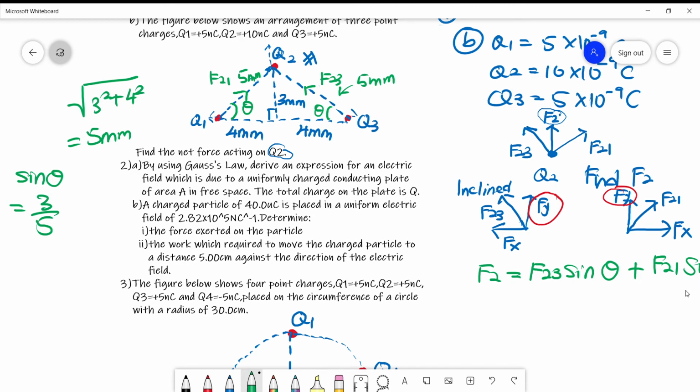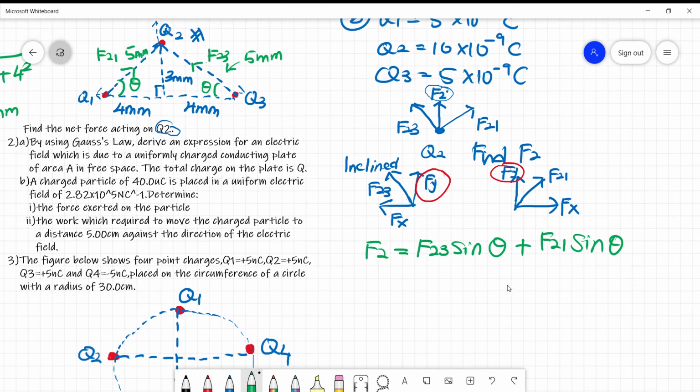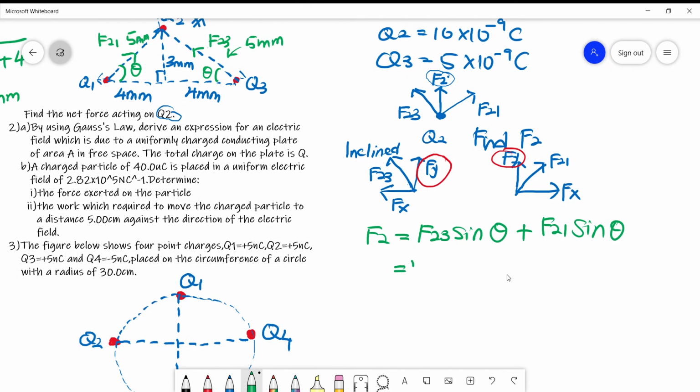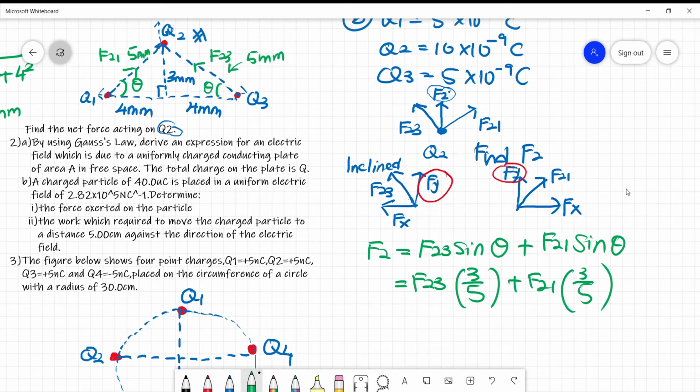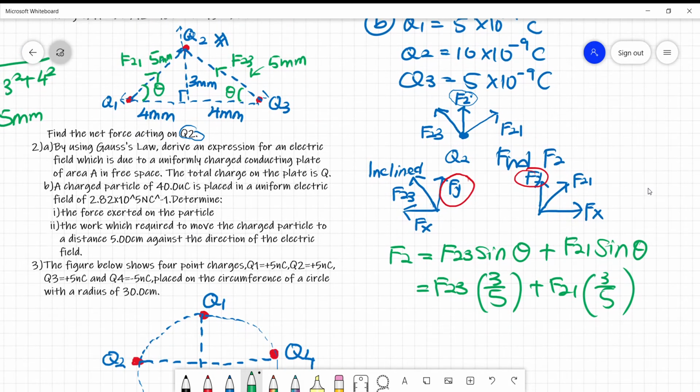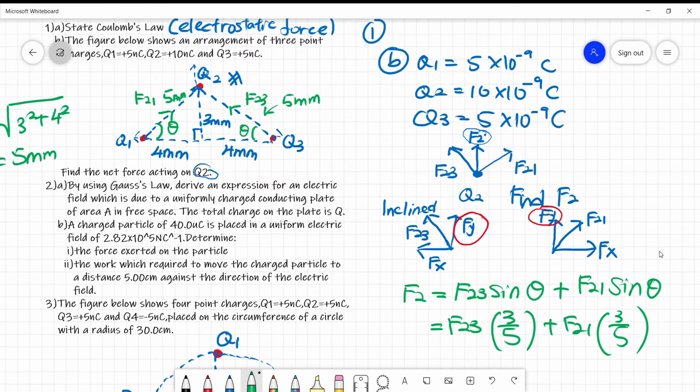So I can conclude that my F23 sine theta is actually 3/5 plus F21 3/5. What we need to do is calculate the magnitude of F23 and F21.